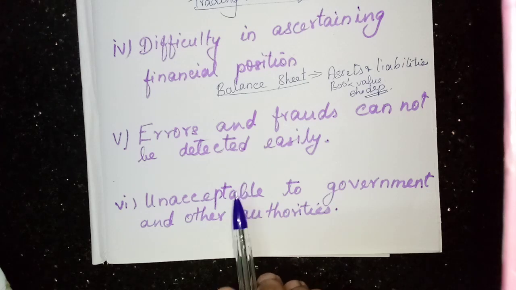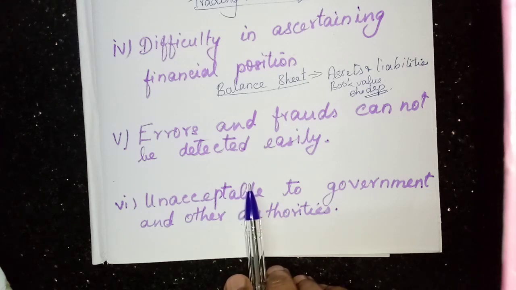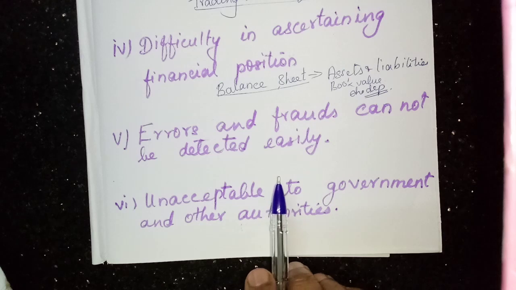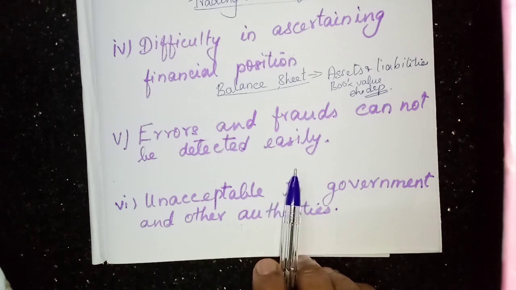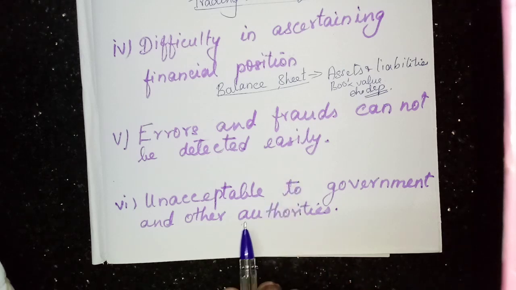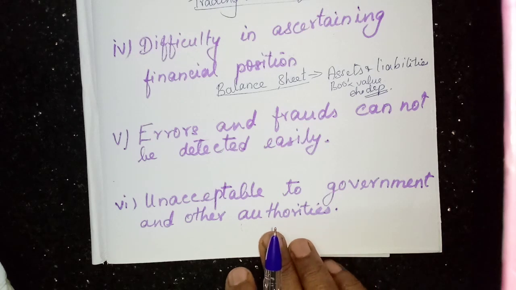As accounts, they will not consider them. Unless we prepare following all the principles and procedures of the double entry system, the government or tax authorities never accept this as evidence.